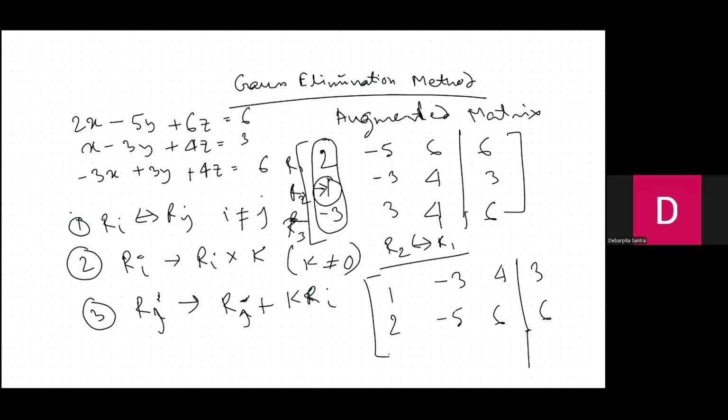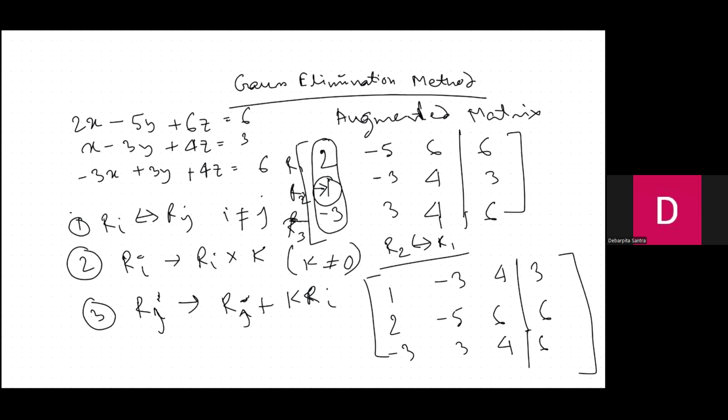The third row remains unchanged. Minus 3, 3, 4, and it is 6. Okay. So that is our new matrix after doing the row operation, that is interchanging the two rows R2 and R1. That is our first augmented matrix that we have obtained after the row interchange operation.